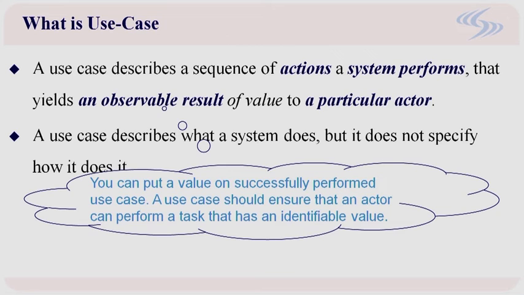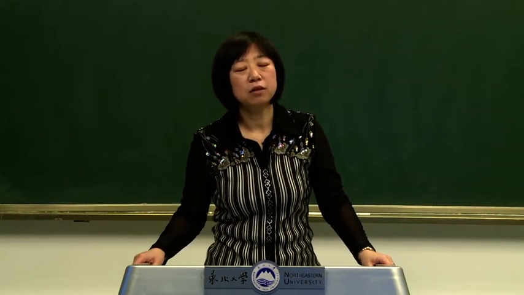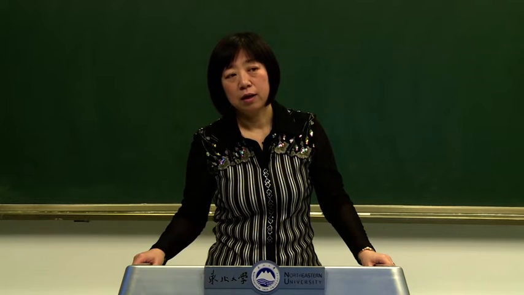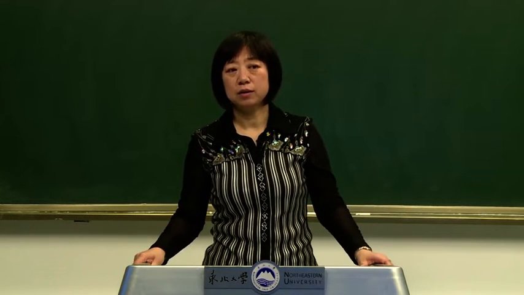A use case should ensure that an actor can perform a task that has an identifiable value. So that means this use case will yield some kind of result. We can't imagine a use case with no result, right? No point.